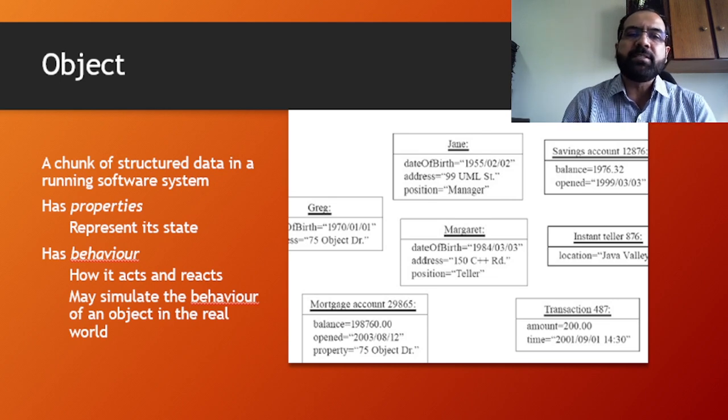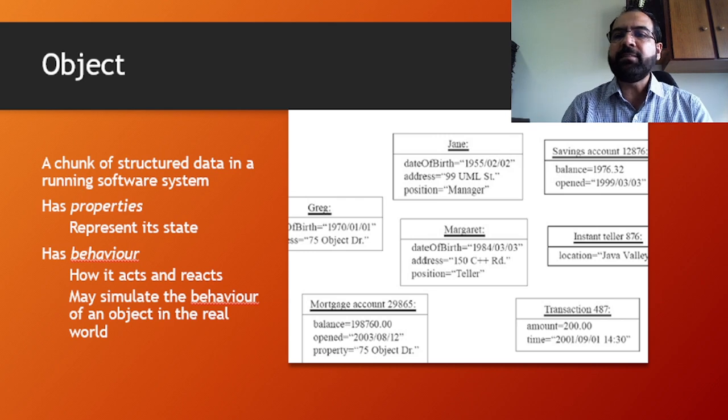We can say an object is a chunk of structured data in a running software system that has certain properties. As you can see in one example on the screen, there are certain objects such as Jane, Margaret. They have certain attributes, which you can see as date of birth, address, position, which might be important in a given problem, in a given domain.